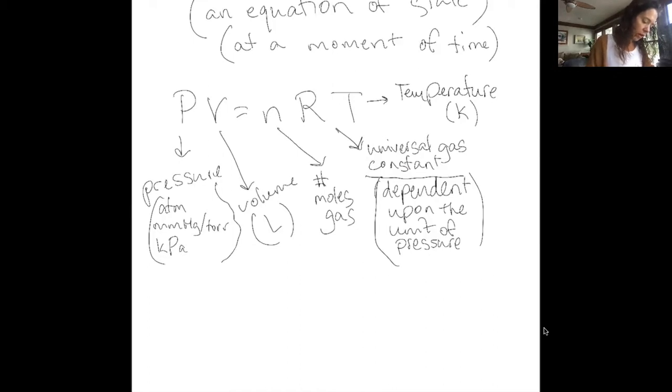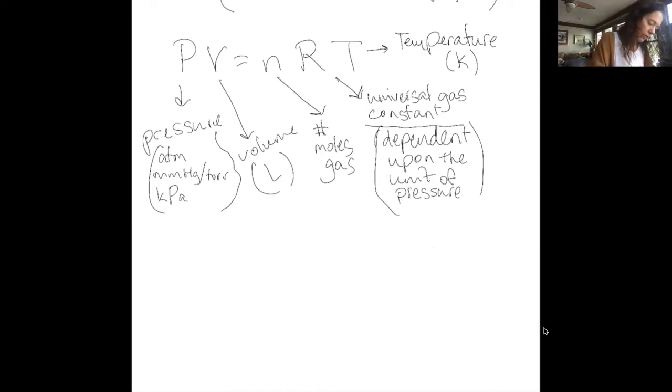Okay. So R, we need to talk more about R because everything else is easy. Plug in your pressure, plug in your volume, make sure it's in liters, plug in or solve for n, same with pressure, plug in or solve for T. Now your R value changes. The R value is a constant that changes quite often.